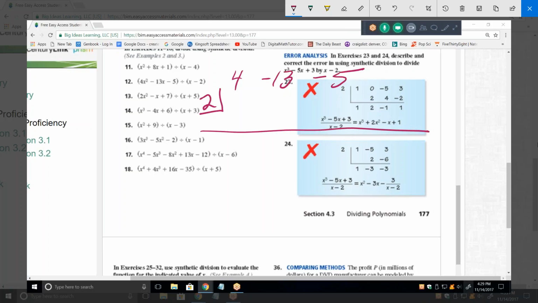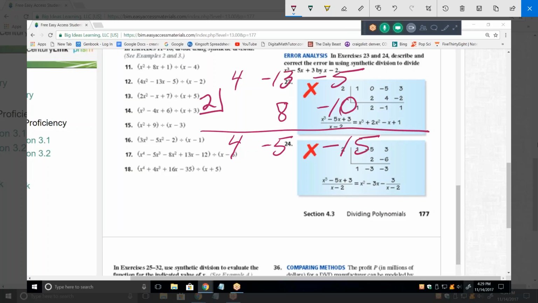And again, if you're missing a power of a variable, you have to put in a 0, just like with long division. You have to put in the dummy variables. Okay, so that's 4. And then 4 times 2 is... I know you know how to do it. I'll just speed things up here.